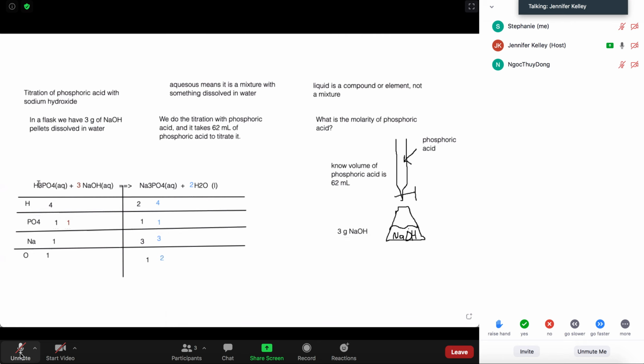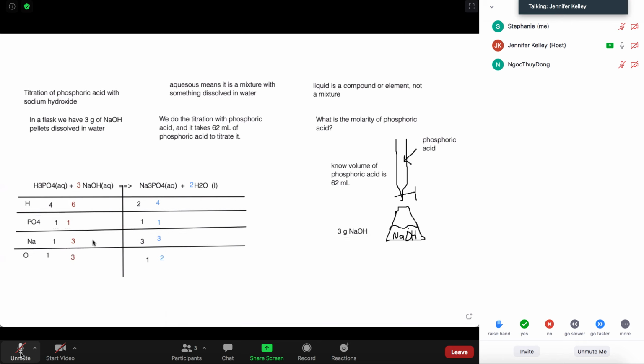So I've got 3 hydrogen in phosphate and 3 hydrogen in the hydroxide part of the sodium hydroxide. So there's a total of 6 hydrogen on the left now. All right. So we've got 3 sodium over here and 3 oxygen.